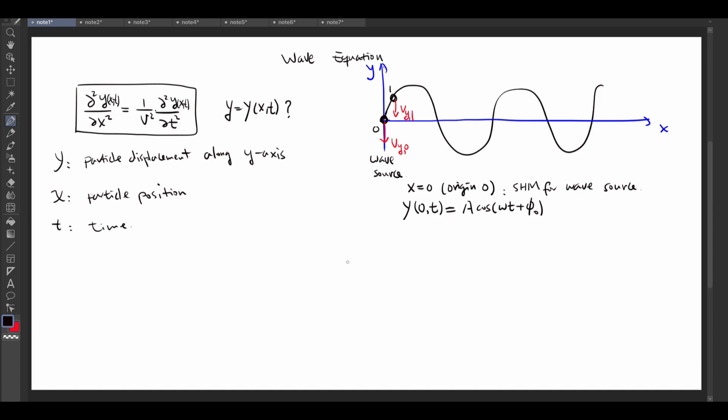Now people usually like to write down the wave equation using a sine function, and that is actually not a problem.